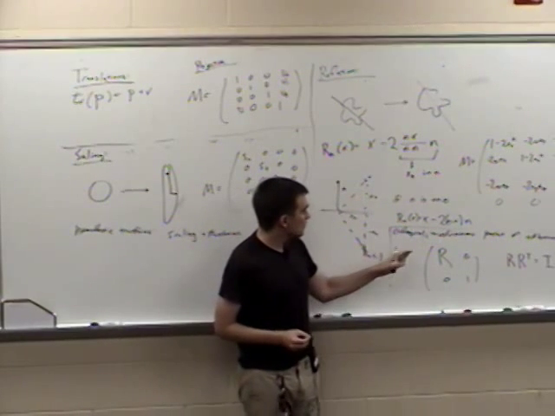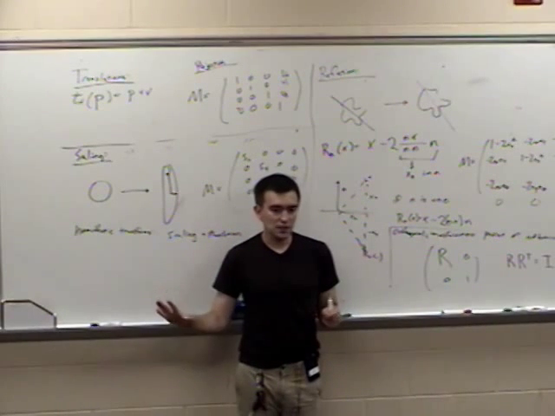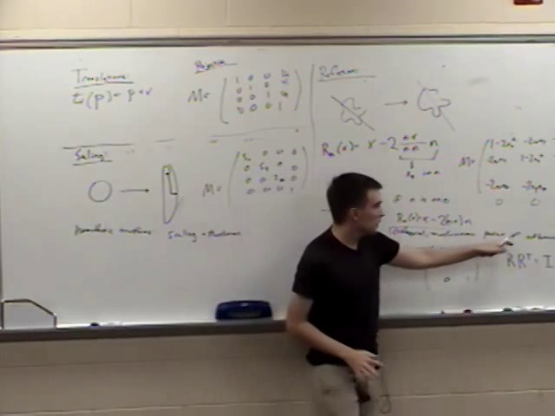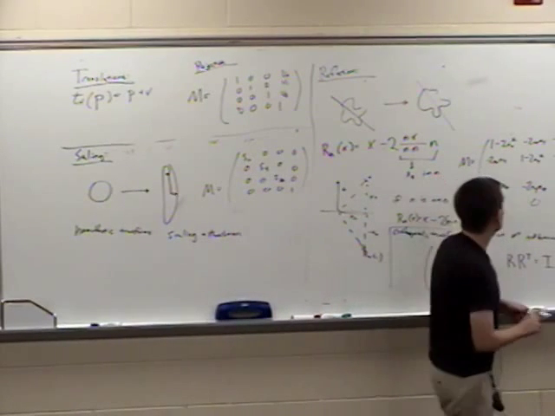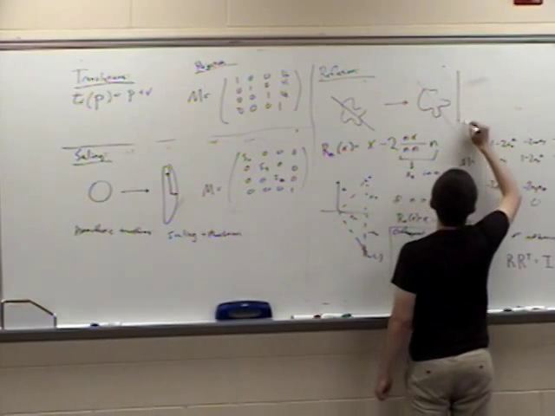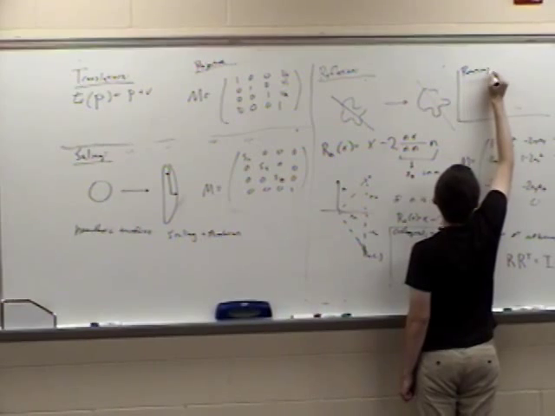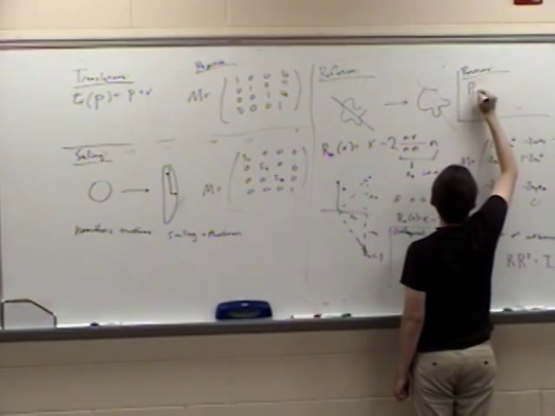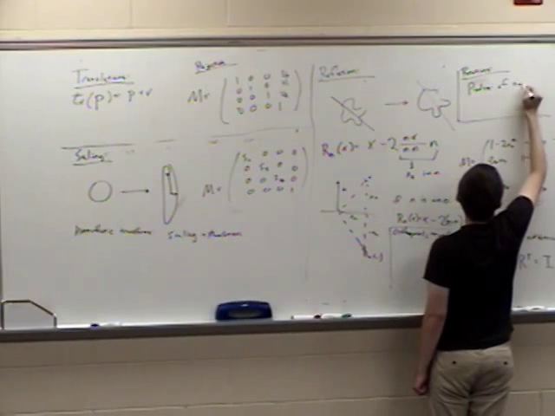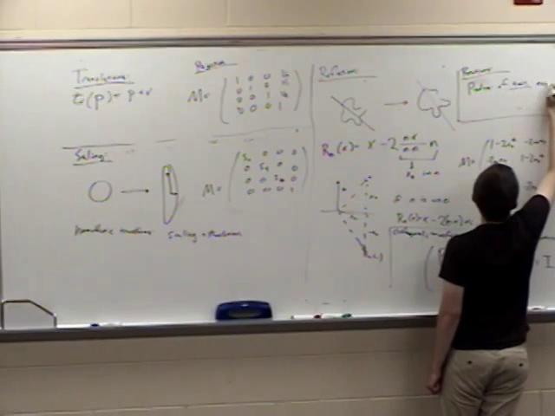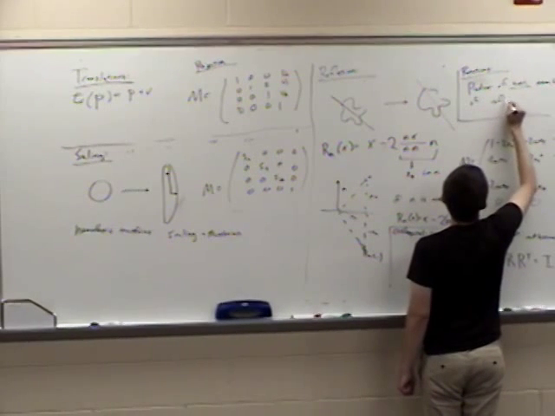So the orthogonal transformations which preserve handedness, that is, those that are the product of an even number of reflections, are called rotations. So a special subset is rotations, which are the product of an even number of reflections.